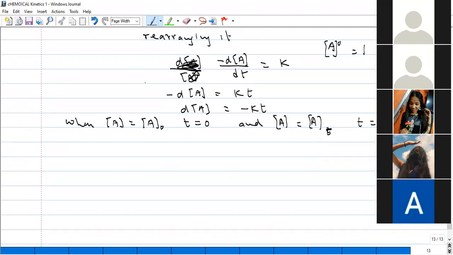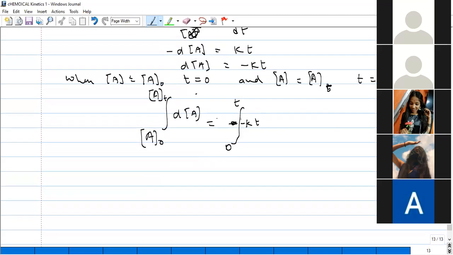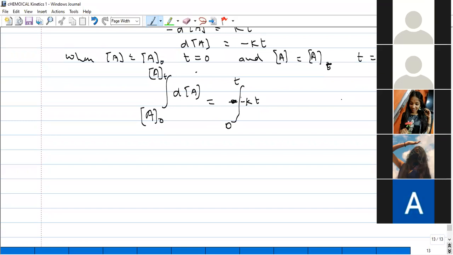So if we integrate this, dA between the limits A0 and At is equal to minus integration of k dt from 0 to t. Integration of dx is equal to x.